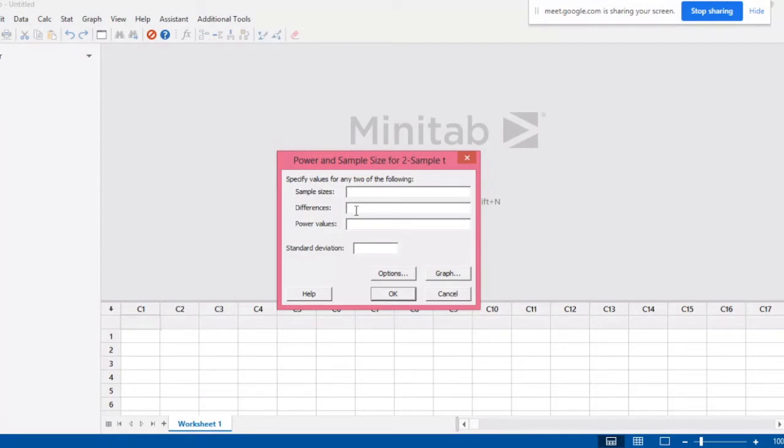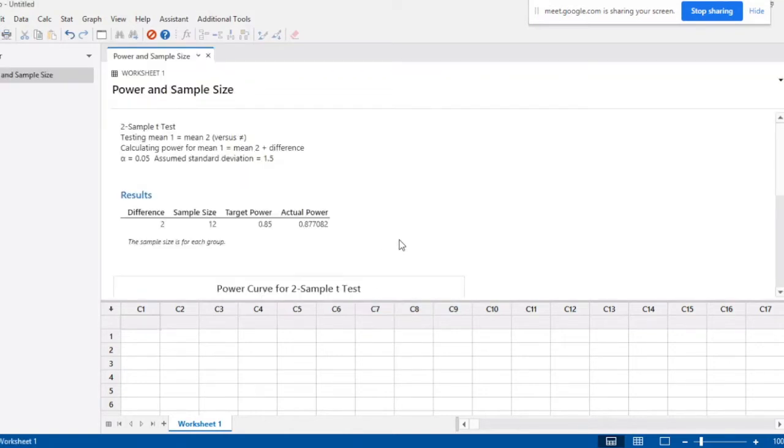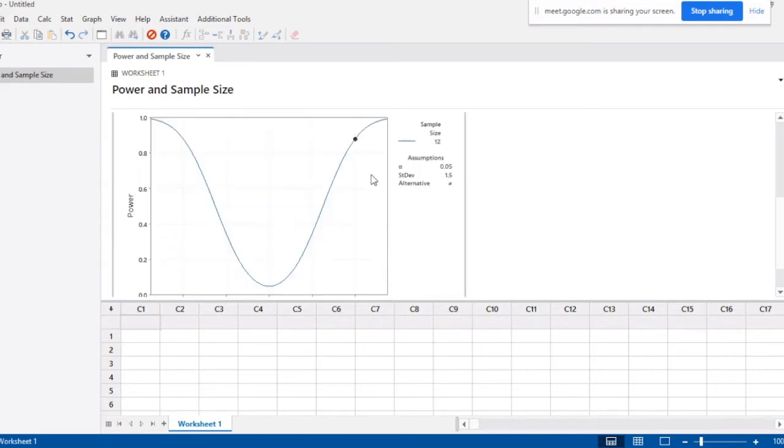So this is the difference in the mean. Power of 0.85, that is 1 minus beta, the power of the test. And we have standard deviation of 1.5. If you click OK, here we can see the sample size is 12.